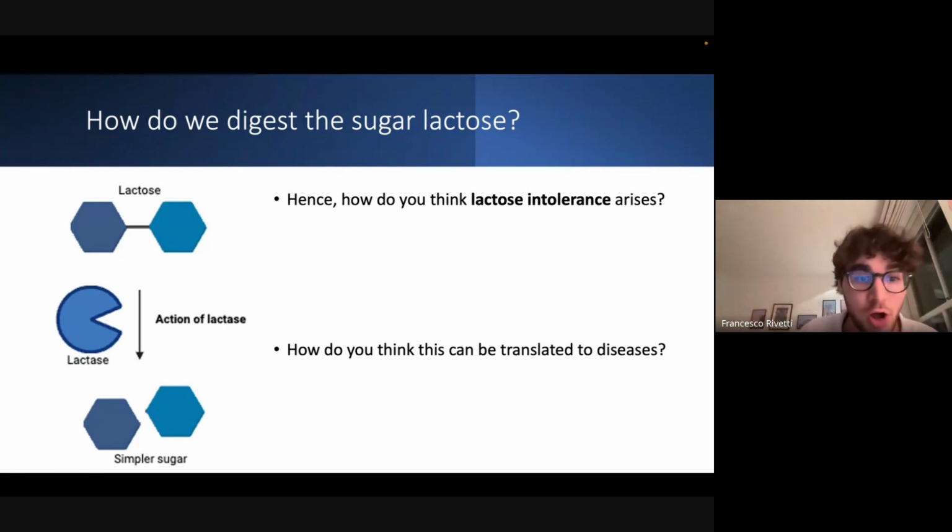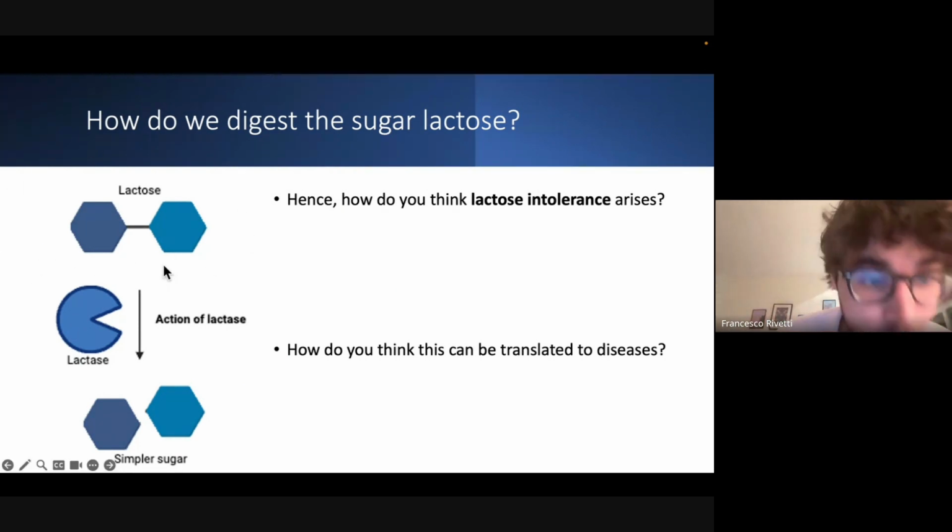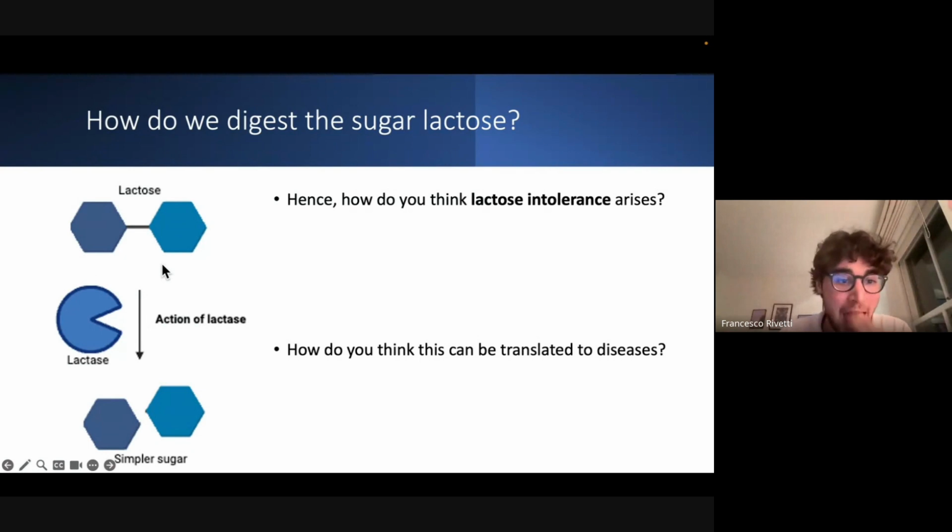In the example, we have lactose, which is a sugar, and the lactase breaks it apart into two smaller sugars. That is how humans, animals, and organisms digest lactose. They produce this enzyme that recognizes lactose and breaks it apart. And if we didn't have it, this wouldn't work.